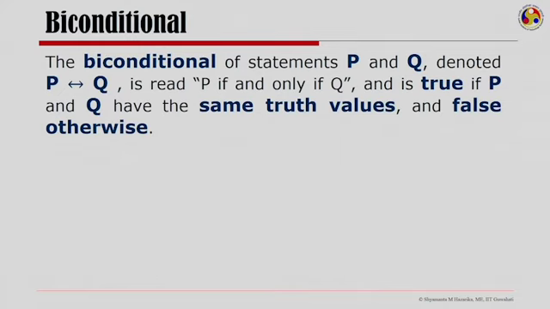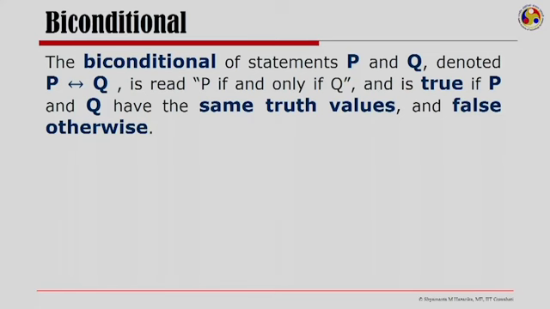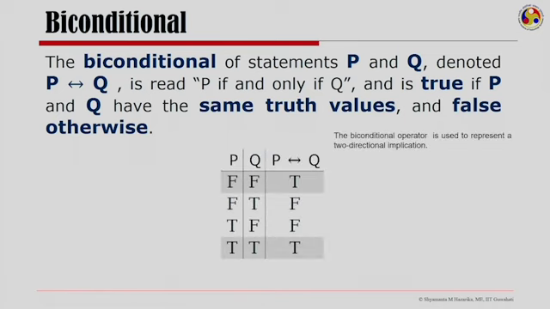Let us now look at the biconditional of statements P and Q, which is denoted as P if and only if Q. It is true if P and Q have the same truth values and false otherwise. The biconditional operator is used to represent a two-directional implication.